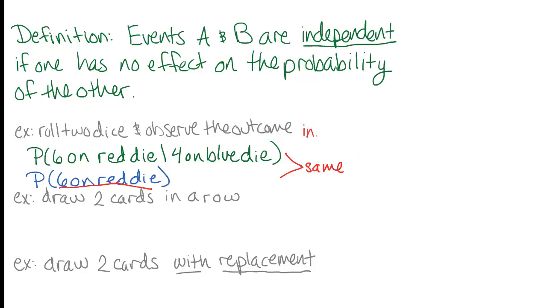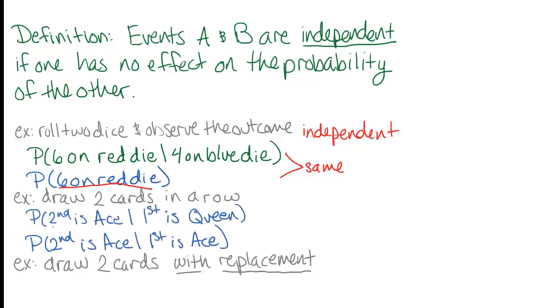So these are independent. However, this next example, if you draw two cards in a row, like we were talking about before, these events will not be independent. So for example, suppose we're asking the probability that the second card is an ace. Well, if the first card that came up was a queen, the probability will be different than if the first card is an ace.